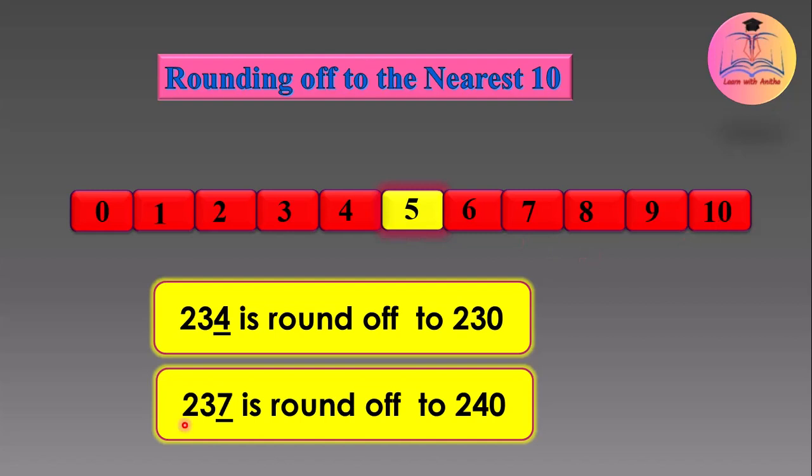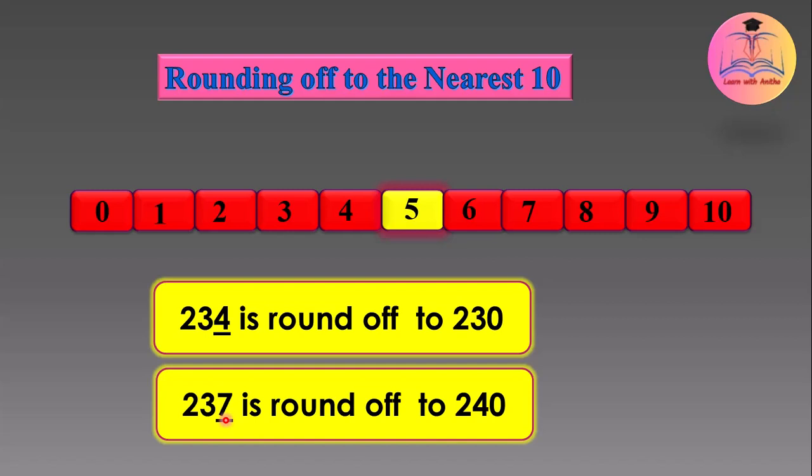So here, 237 is rounded off. So 7 rounds off to 10, right? In this number 237, 7 is greater than 5.